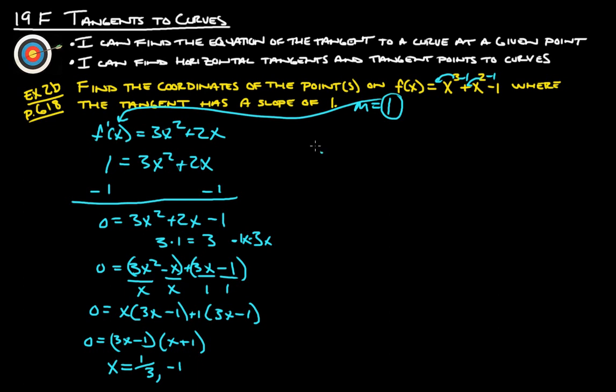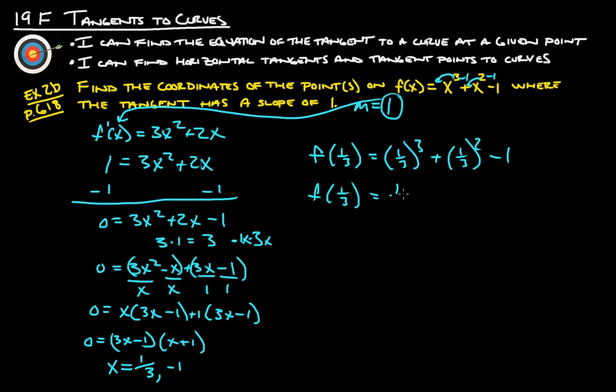Okay, so we're going to do f of 1/3, which is 1/3 cubed plus 1/3 squared minus 1. This is going to be pleasant. All right, 1/3 times 1/3 times 1/3 is 1/27. Plus 1/3 times 1/3 is 1/9, minus 1.